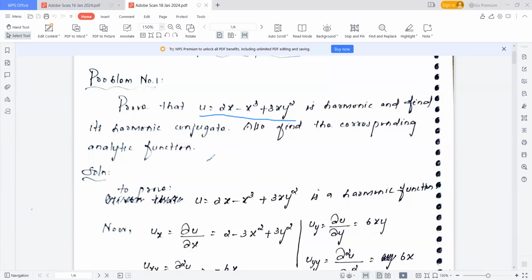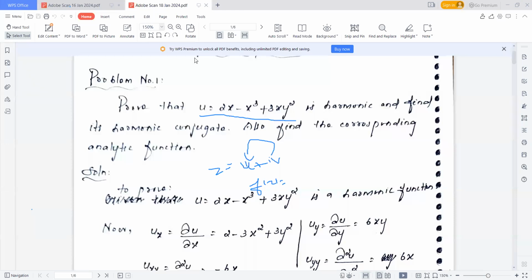We know that if w is equal to, sorry, if z equals x plus iy, and f(z) is equal to u plus iv, then v is the harmonic conjugate of u. So we need to find the imaginary part of the given function and then we find the analytic function.